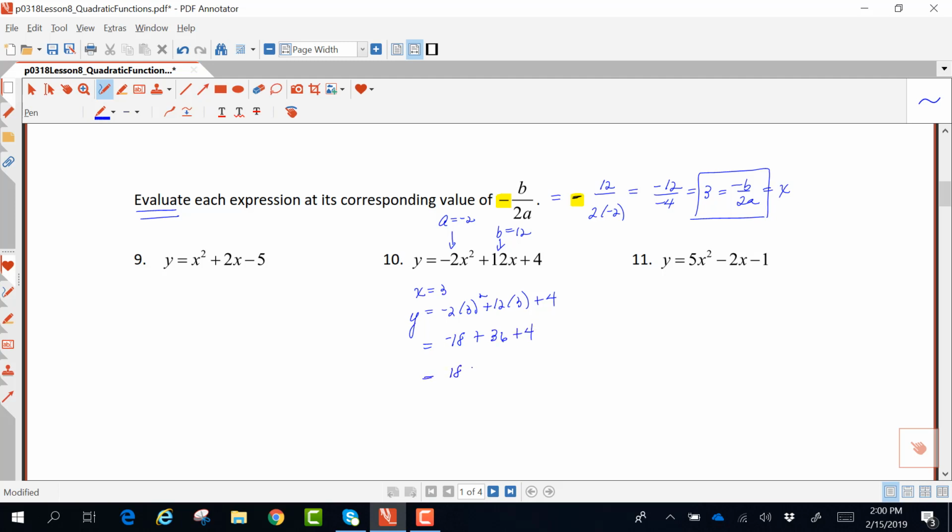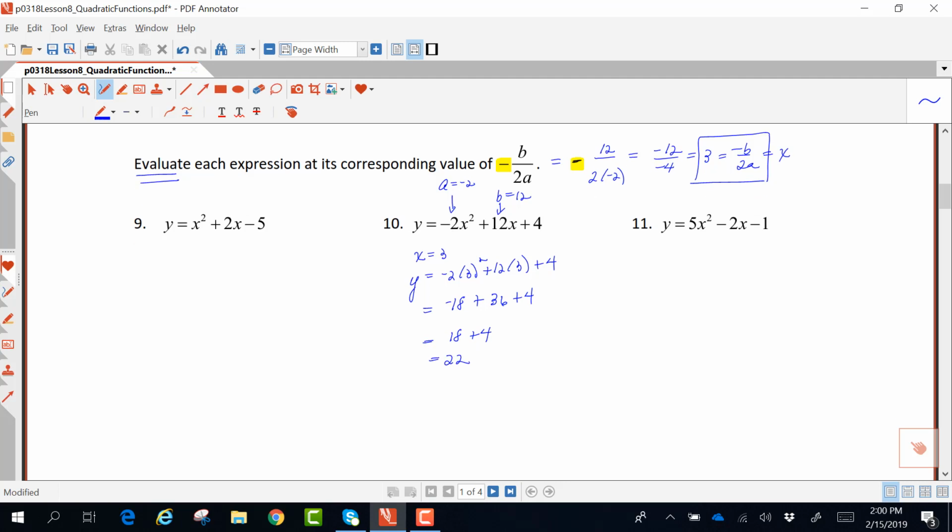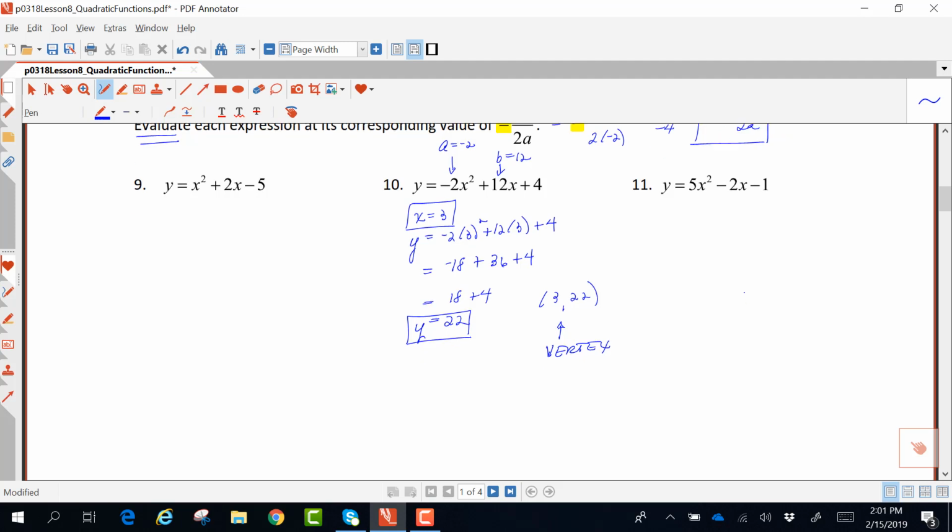And as I continue to evaluate this, I get a value of 22. This is a y value. So an x value of 3, which is my negative b over 2a value, and a y value of 22. We're going to find in the near future that when you put this as an ordered pair, 3, 22, this is going to be referred to as a point on the line, specifically the vertex.